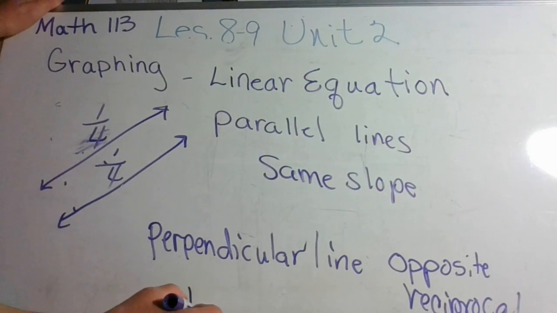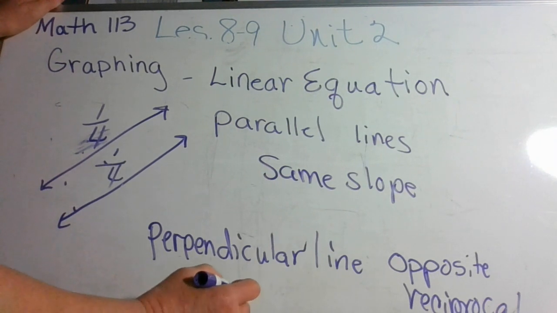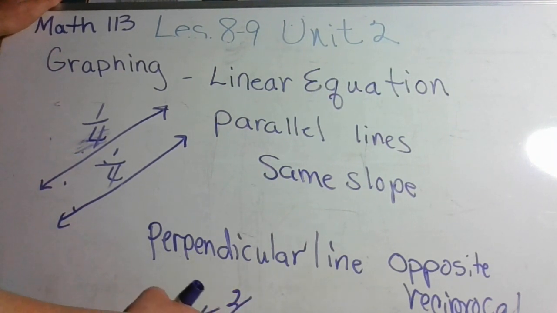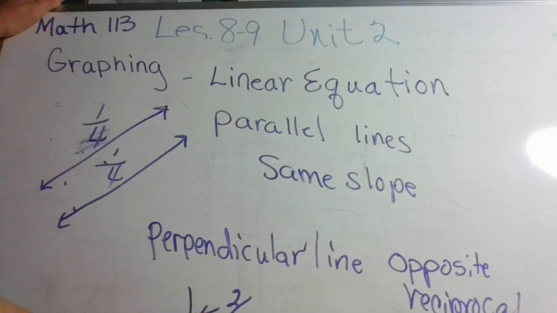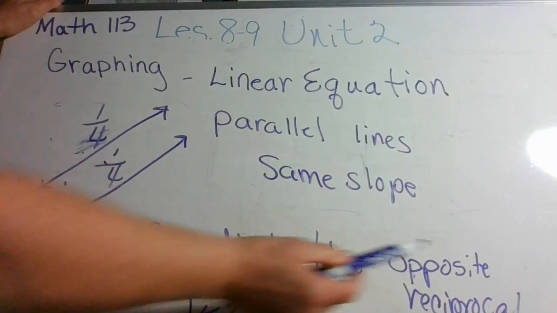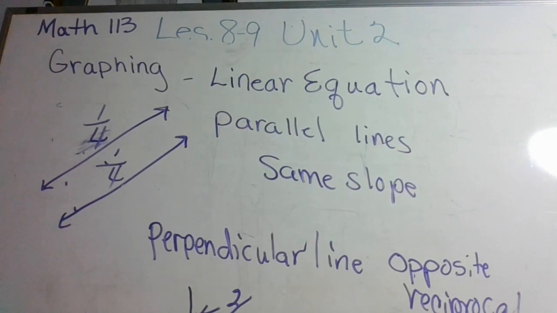So if the slope of, say, this line is positive 2/3, then the slope of this line, we're going to take the opposite of positive, which is negative, and flip that, which is 3/2. So it's the opposite reciprocal. So that's how those are related.